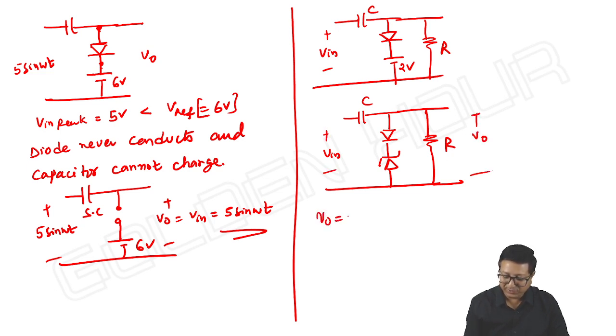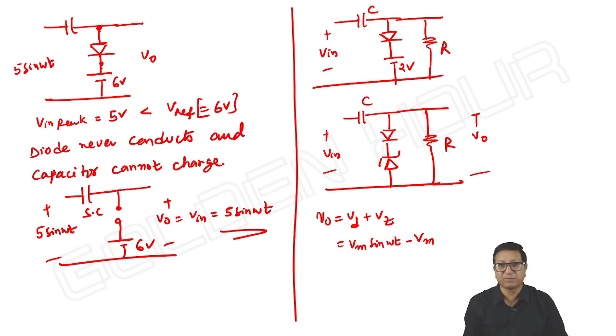V output is equal to, right, Vd plus Vz. Of course, there is a condition that input should be greater than the breakdown voltage of the Zener. What is Vd? Vd is equal to Vm sin omega t minus Vm. I'm generalizing it.